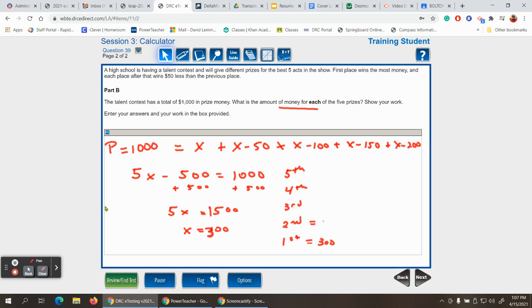Then I drop 50. That's 250. I drop another 50. That's 200. I drop another 50. That is 150. I drop another 50. That is 100. Okay, show your work, enter your answers and your work in the box provided.